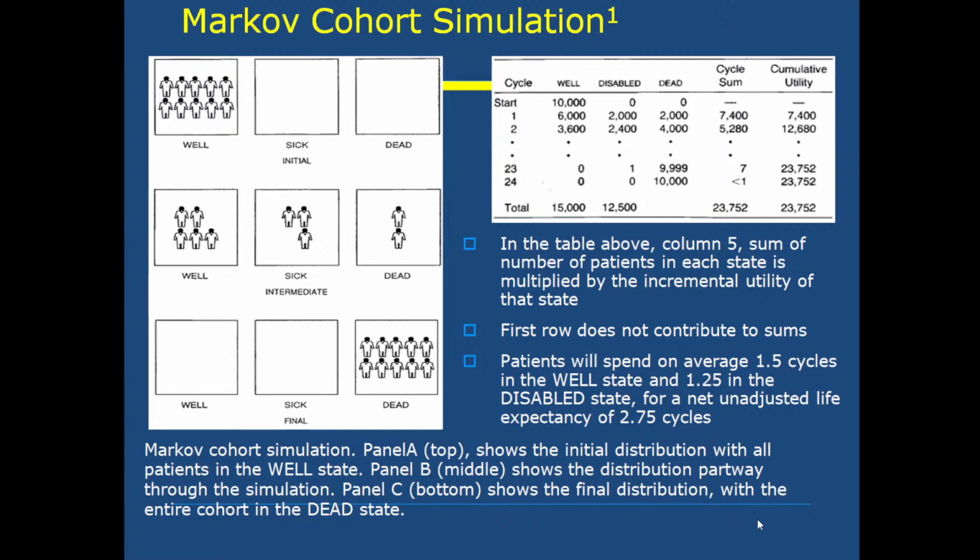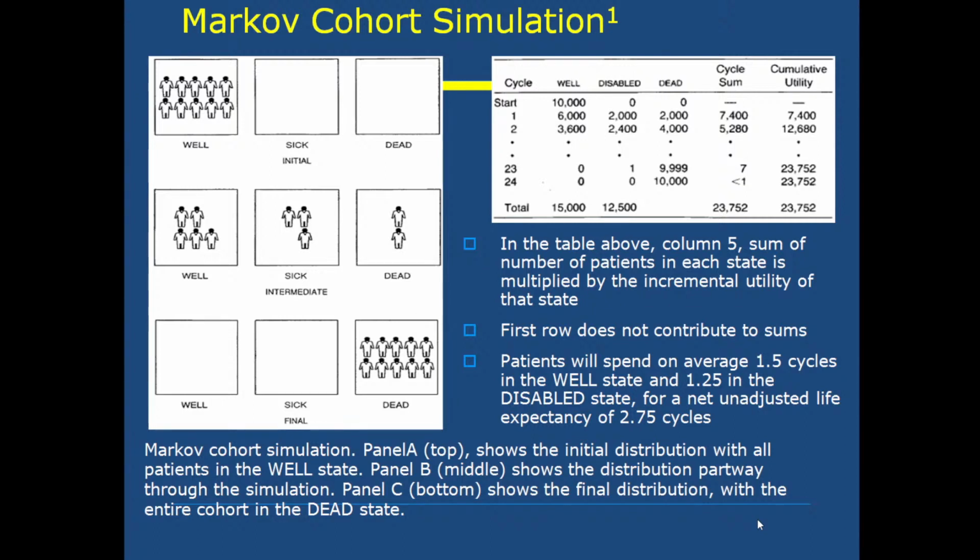Markov cohort simulation is shown in the picture on the left. In the top level, you see all the patients are healthy, all the patients are well. Panel A, top, shows the initial distribution with all patients in the well state. Panel B, the middle level, shows the distribution partway through the simulation.